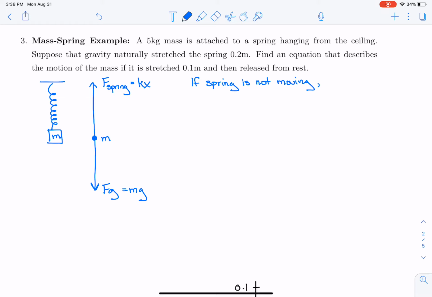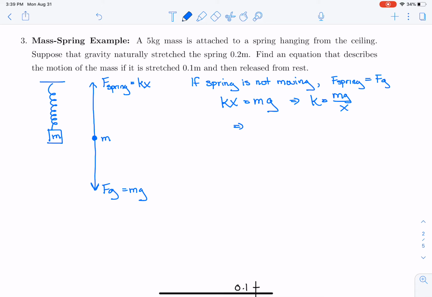So the force of the spring has to equal the force due to gravity. In that case, k times x has to equal m times g. This gives us a way to solve for k, because k is going to equal mg over x.